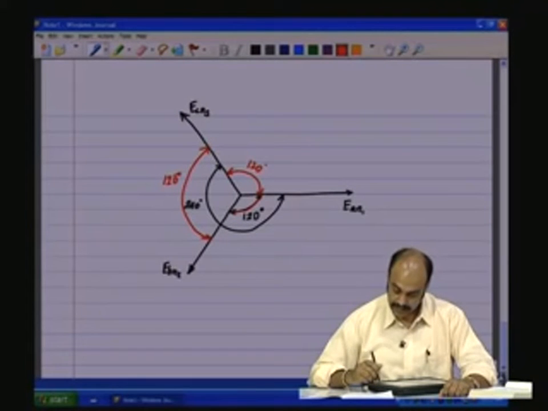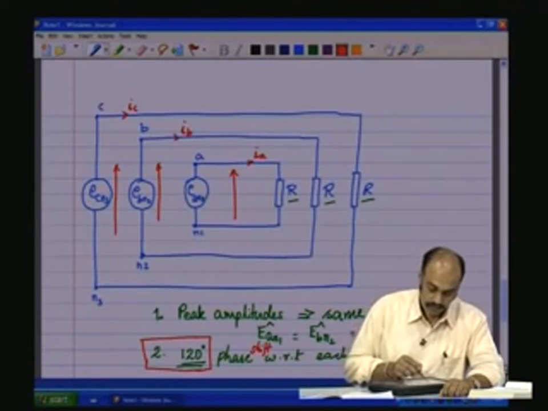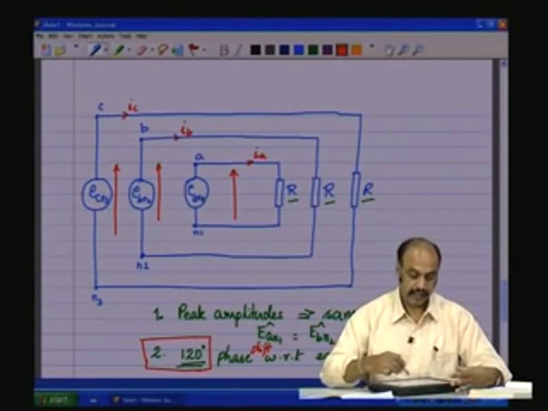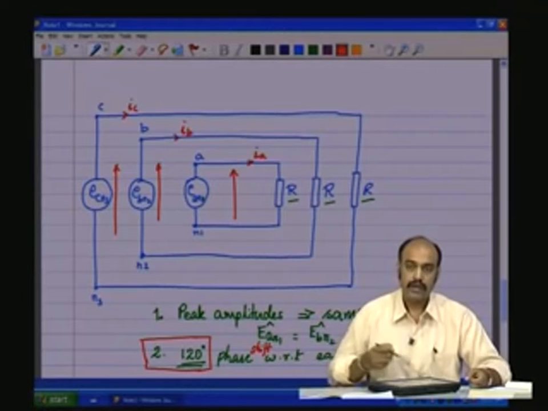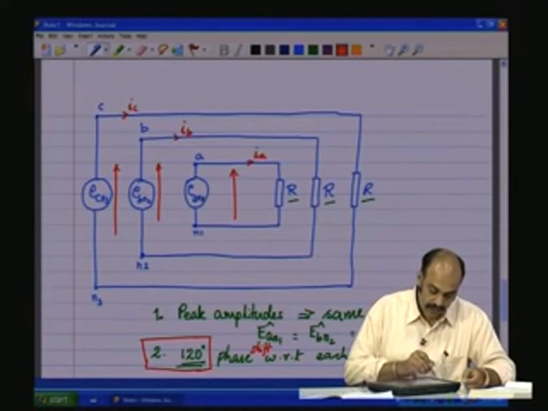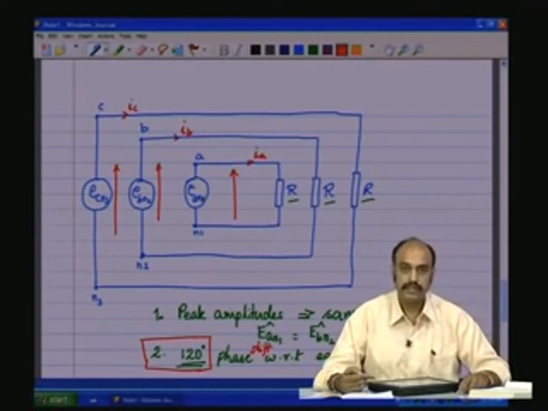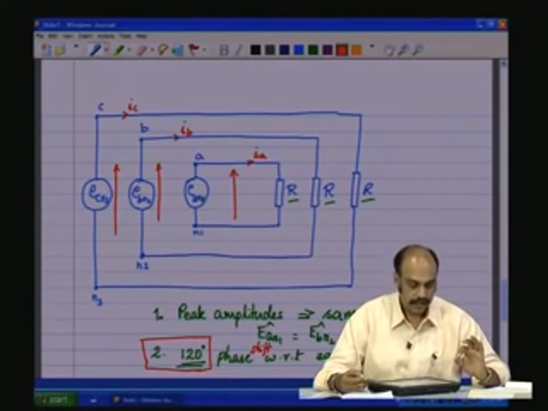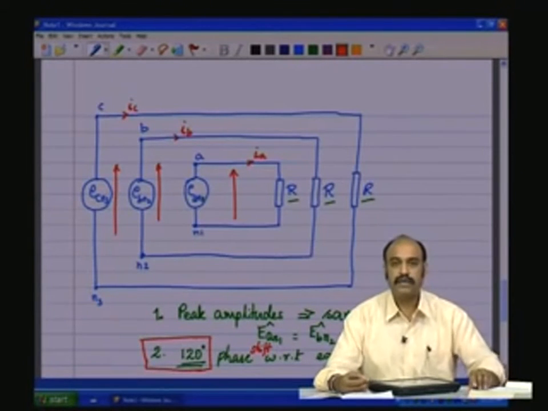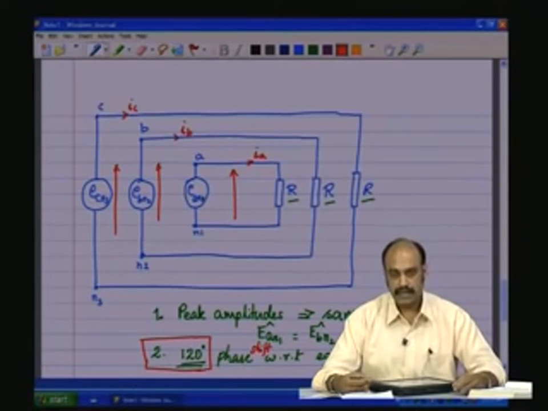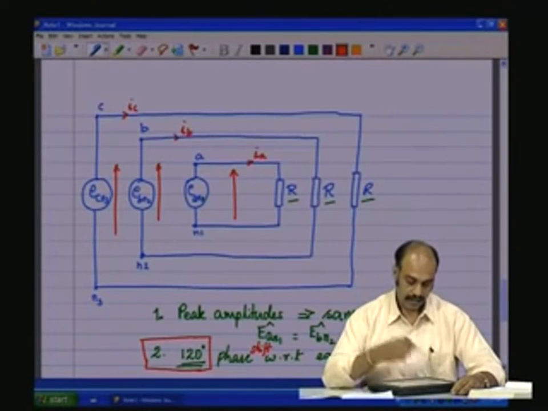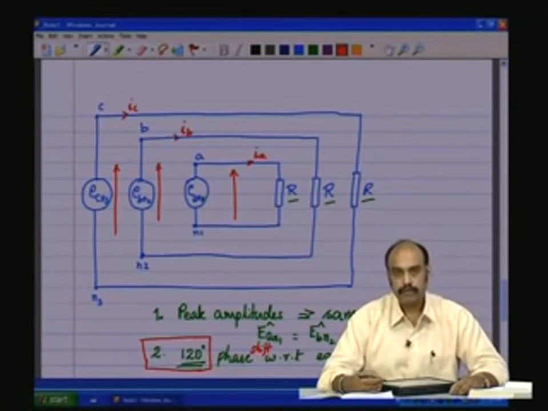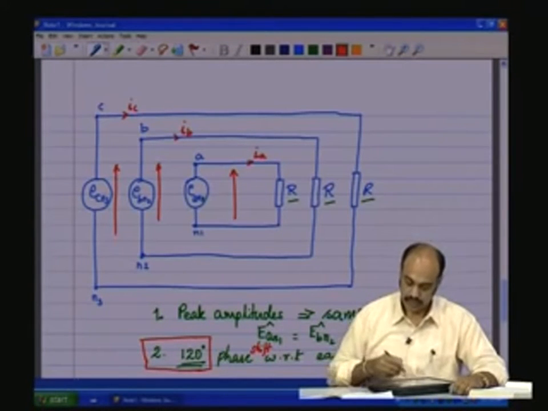Now, this is the nature of the sinusoids that will be applied. So, which means that though electrically they are not connected, we have applied a constraint on the three source voltages, which is equal in amplitude, equal in effective amplitudes or the peak amplitudes, and the second is the phase displacement between each other should be equal, which is 120 degrees.